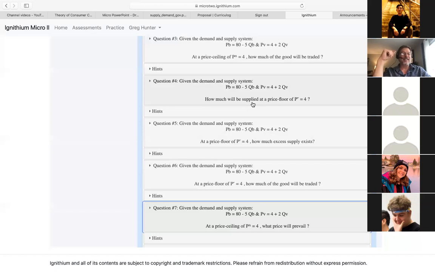And for a binding ceiling, a binding price ceiling price is a price that's below the equilibrium. So they're not exactly the same. But in both cases, if you don't calculate the equilibrium price and you don't compare it to the price ceiling or price floor price, you won't know where to put it on your diagram relative to the equilibrium price, and you won't know if it's binding or not binding.